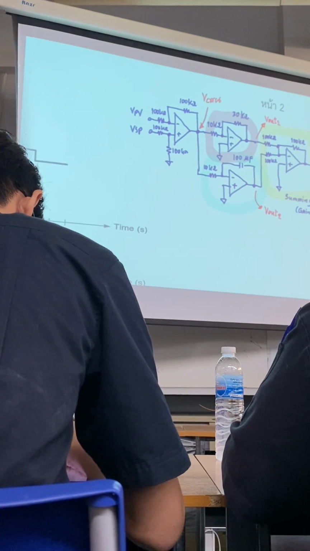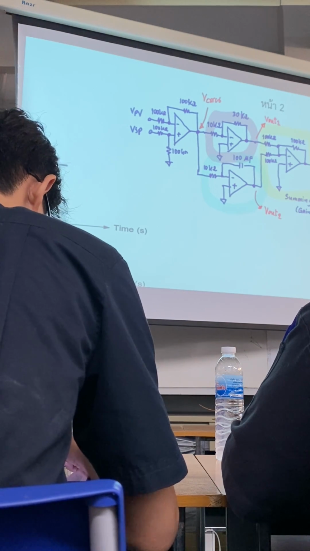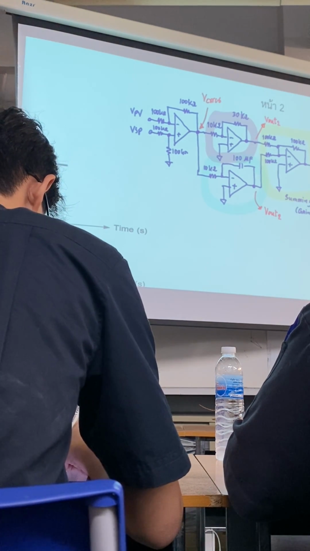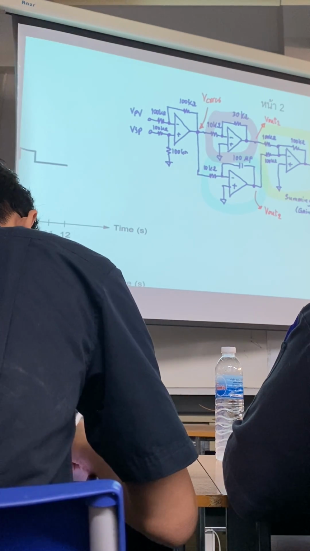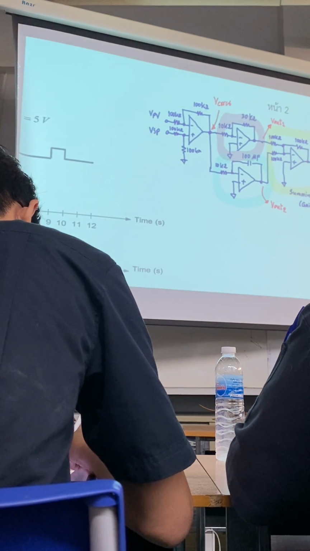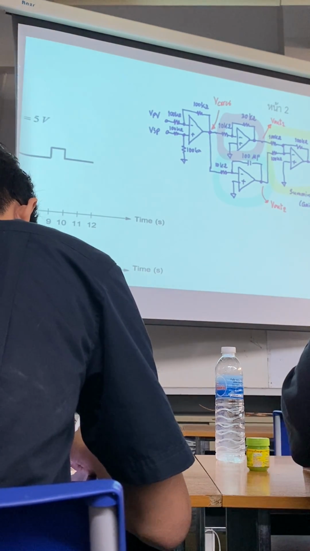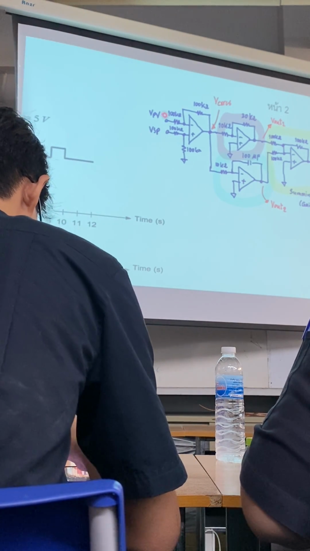This is the output from the controller that you will send to control your actuator to move in the percent that you need, from 0% to 100%. The inputs of this circuit are the set point and VPV.